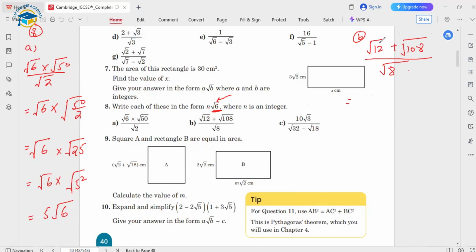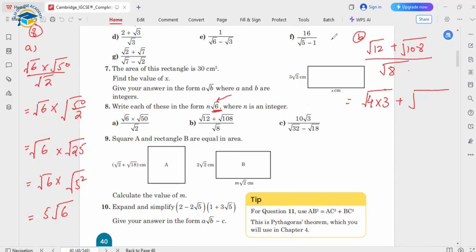So for square root 12, if I take one perfect square out, we can write this as 4 times 3, because 4 is the perfect square and 3 is not, so 3 will be kept inside. And if I check 108, let me check if we have a perfect square with this.